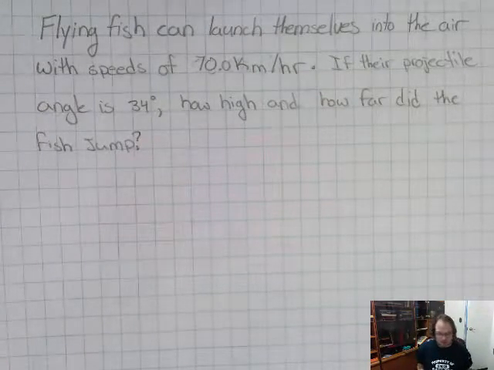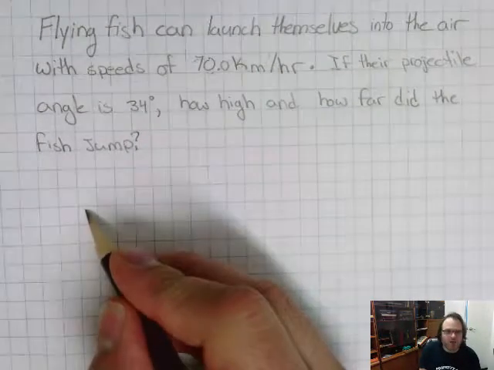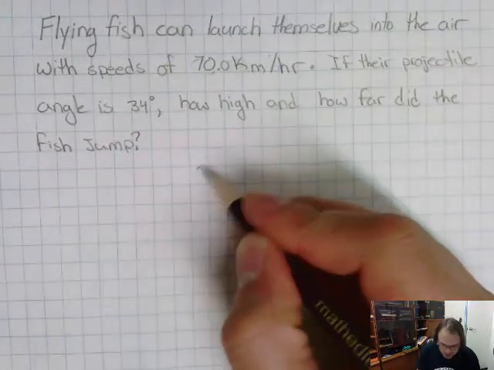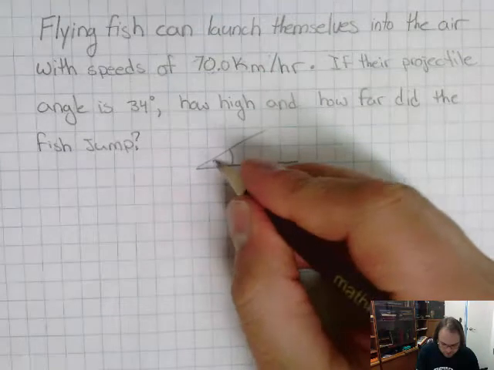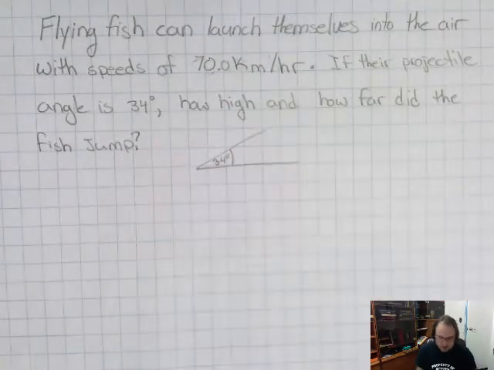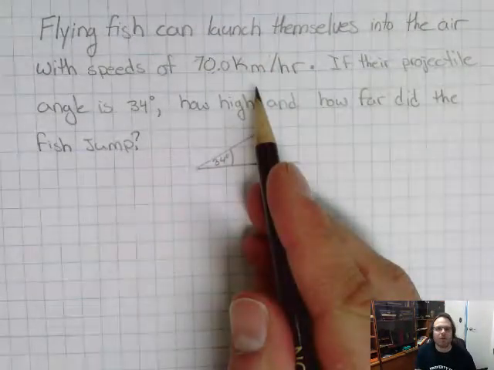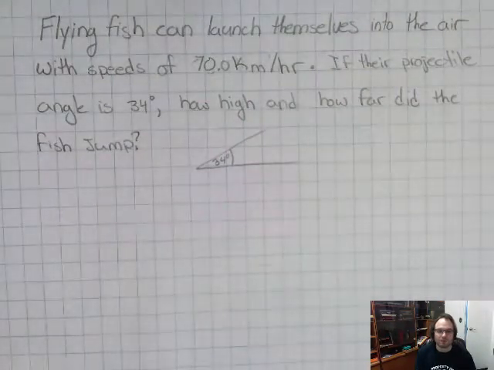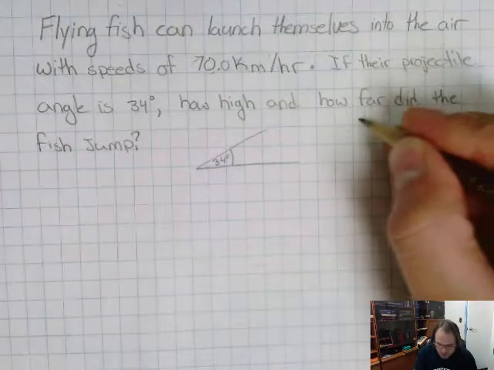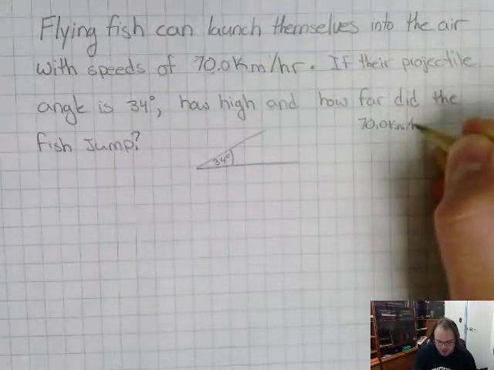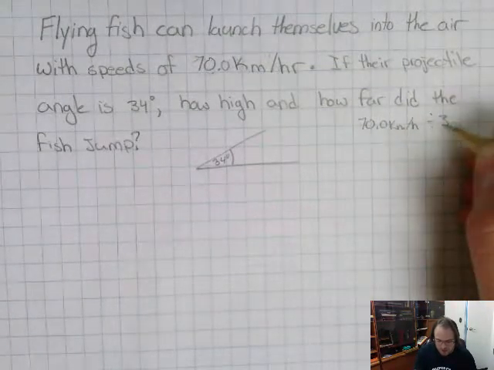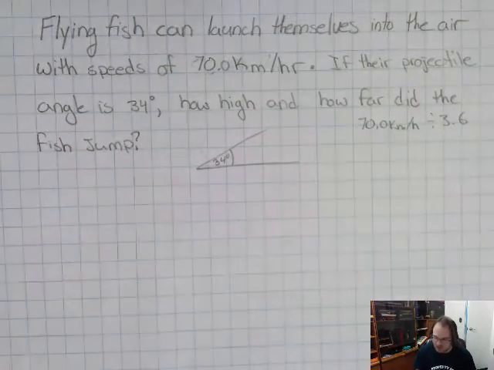First, I'm going to make a quick diagram. Here I have my fish, and he is jumping at an angle of 34 degrees. And that's 70 kilometers an hour. But we like to work here in meters per second. So I'm going to go 70.0 kilometers per hour, and divide that by 3.6 to get meters per second.